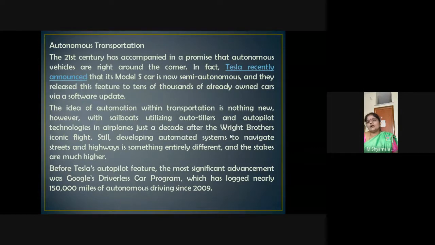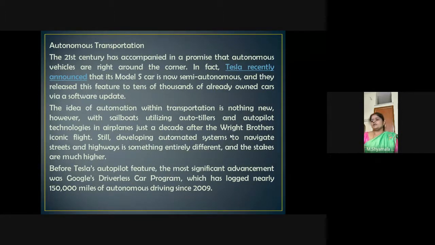Autonomous transportation in the 21st century has accomplished its promise that autonomous vehicles are right around the corner. In fact, Tesla recently announced that its Model S car is now semi-autonomous, and they released this feature to tens of thousands of already owned cars via software update.